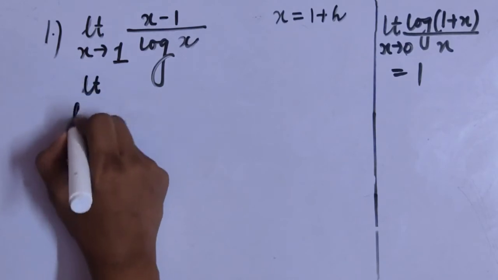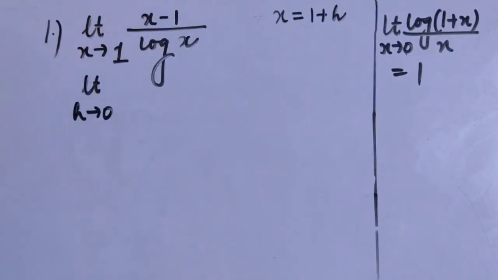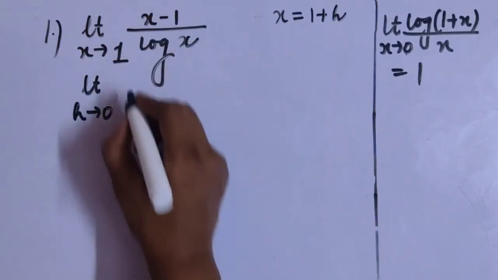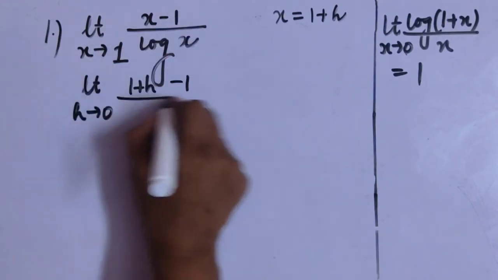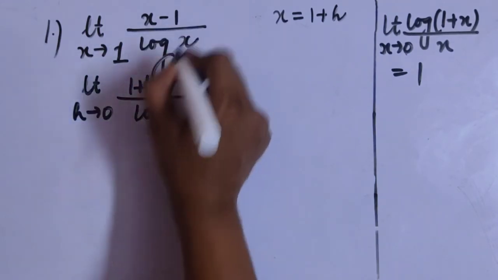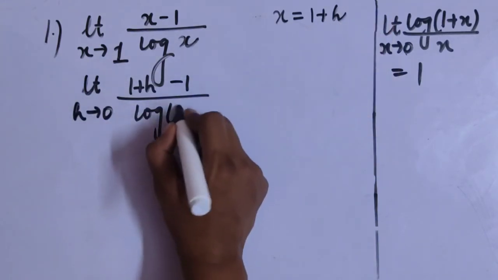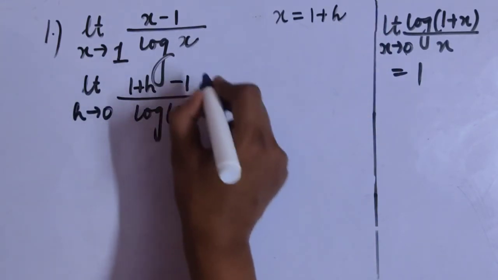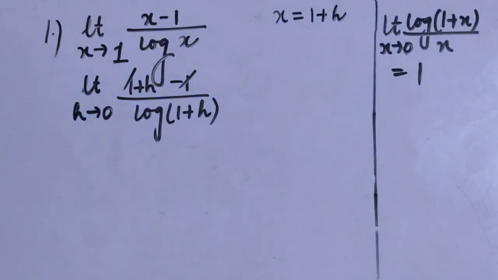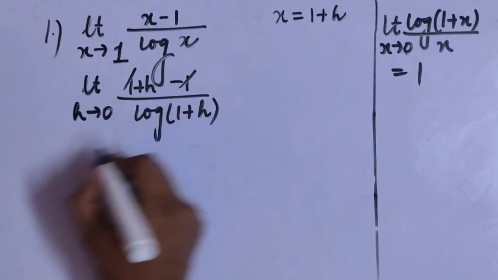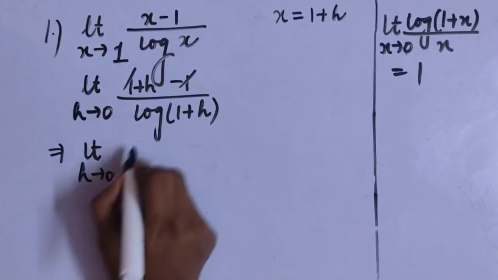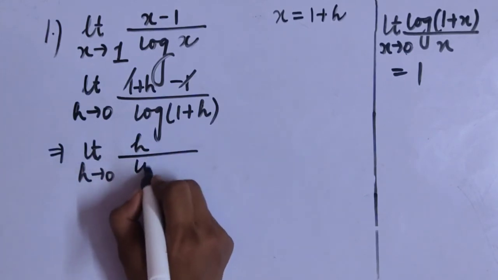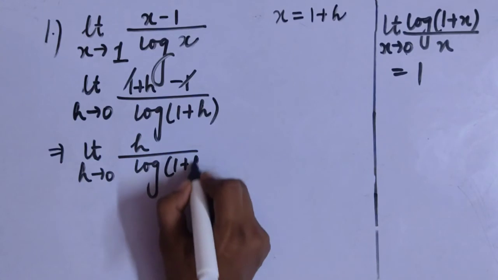Now see what my question will become now. Limit h tends to 0. In place of x, I will put its value, (1 + h − 1), which was already there, log. In place of x, I will put its value, which is 1 + h. Minus 1 and plus 1 get cancelled out. Now what is left is limit h tends to 0, h upon log(1 + h).